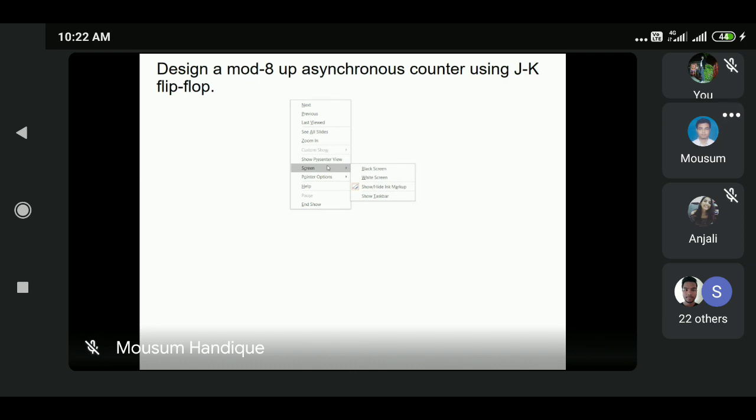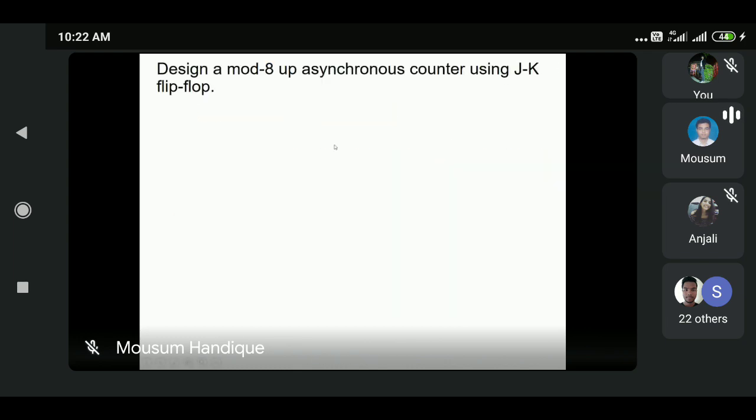But in this second question, it is specifically mentioned that you are using the negative edge trigger. It is the up counter, not a down counter, remember. We are using the up counter, but with negative edge trigger using JK flip flop. So how can you construct this? It is the same figure we are using.